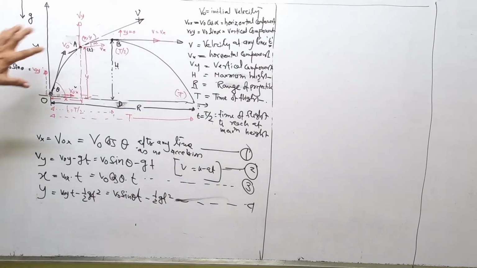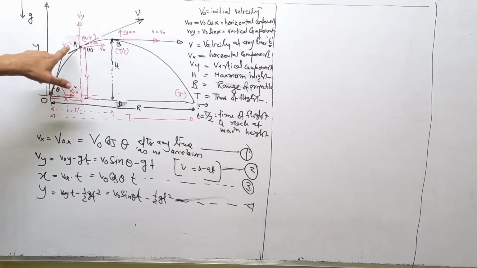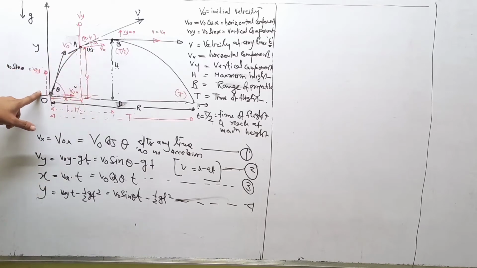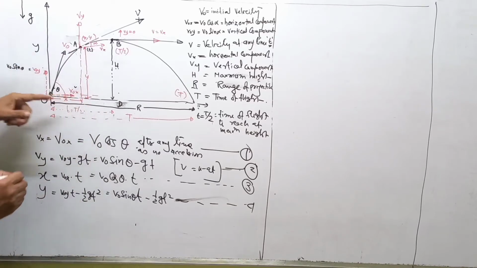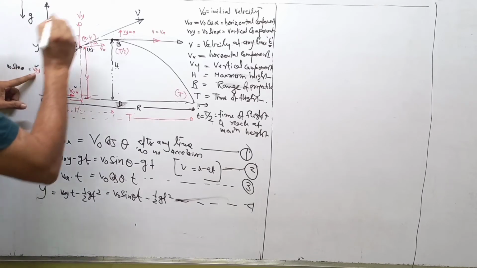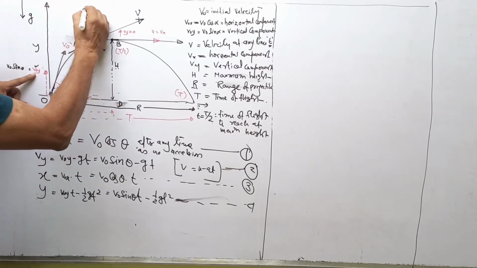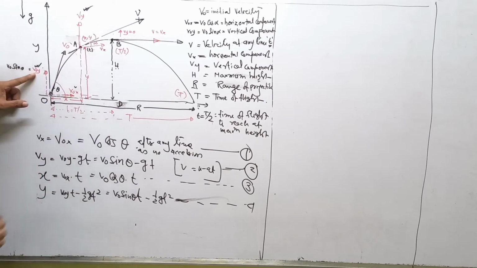So what have we got? We have got the relation of Vx with V0x, and Vy, and this relation we have also obtained.